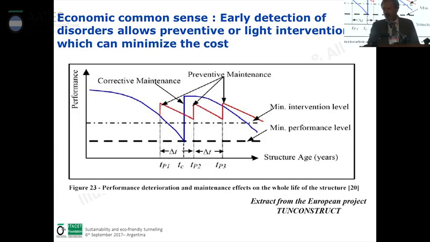And the global cost, if we calculate the cost of all these actions of preventive maintenance, is less than the cost of the corrective maintenance. It means that it is economically interesting, the cost is less, even if there are many actions, and the performance level is kept at a higher level with time.